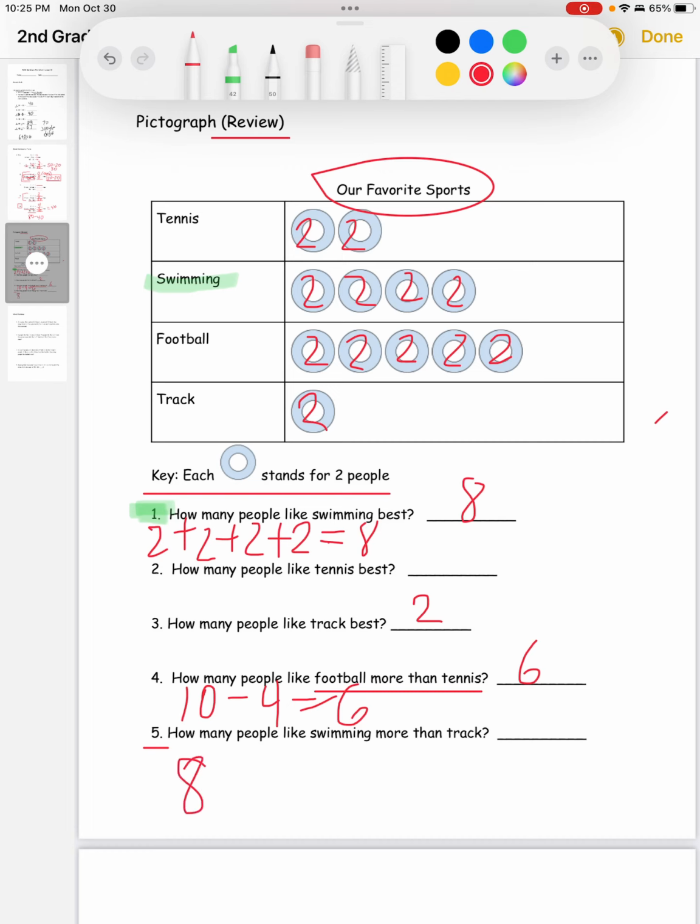And since we're comparing, we would subtract, so 8 minus, and how many people like track the best? And we already found this out in question number 3. So it's 2 people, so we would do 8 minus 2 equals 6. So 6 more people like swimming more than track.